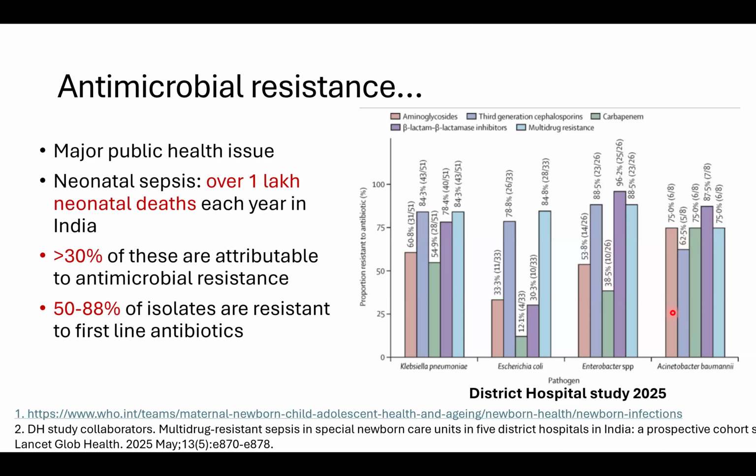But we saw that even in district hospitals, if you notice here, the light blue one is the multi-drug resistance. For example, around 84% of Klebsiella species were already multi-drug resistant in district hospitals. 84% of E. coli, 88% of Enterobacter, 75% of Acinetobacter have become resistant to many antibiotic classes.